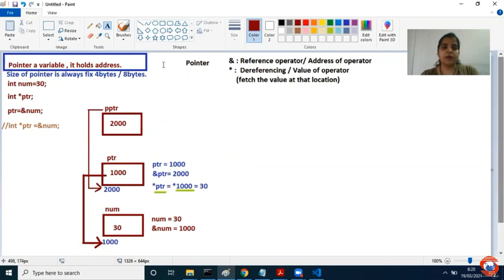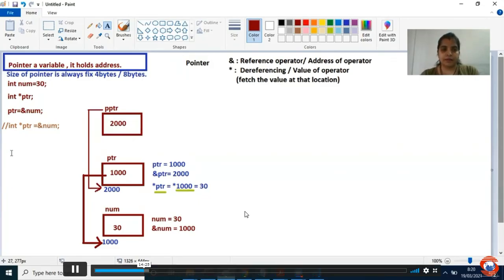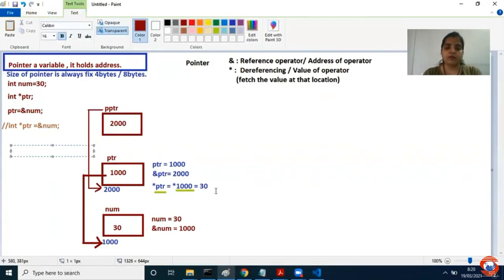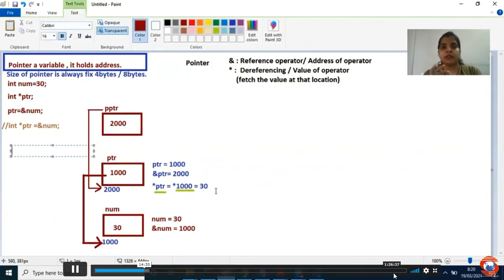Right. Now, if you talk about this 2000, can you please tell me, is my 2000 a value or is it an address? It's an address. Correct. So, if I say I want to go for storing the address, तो क्या मैं pointer variable create करूंगी?